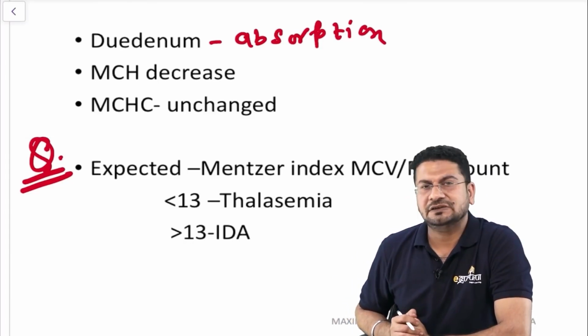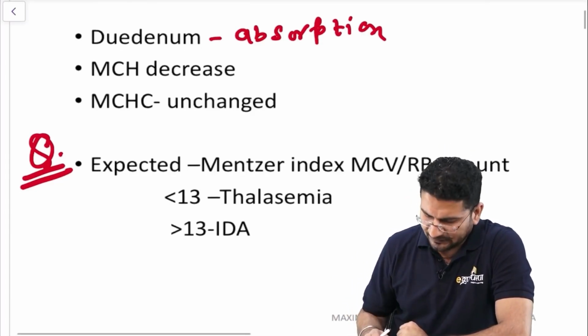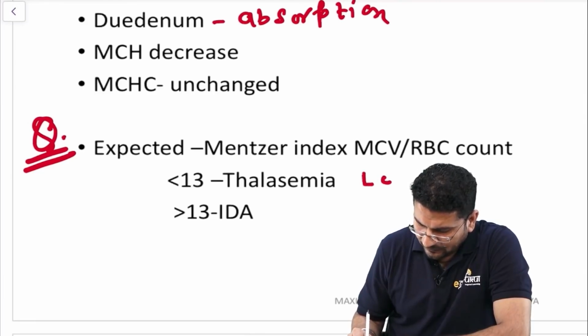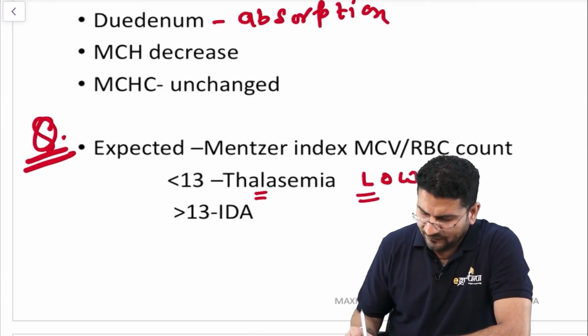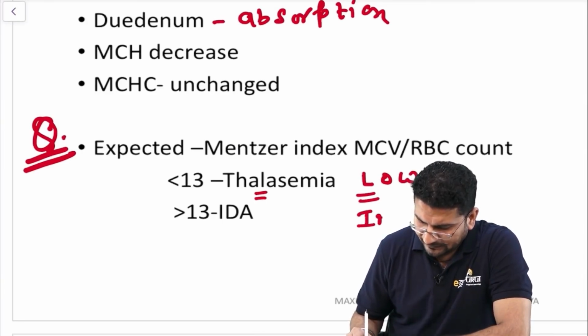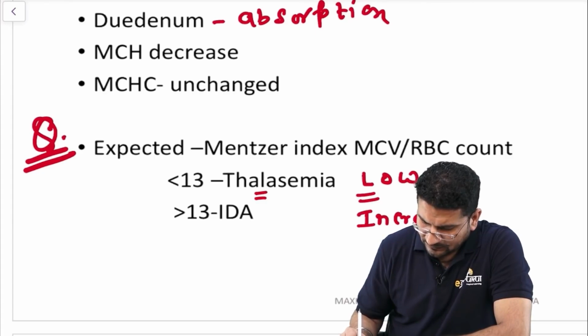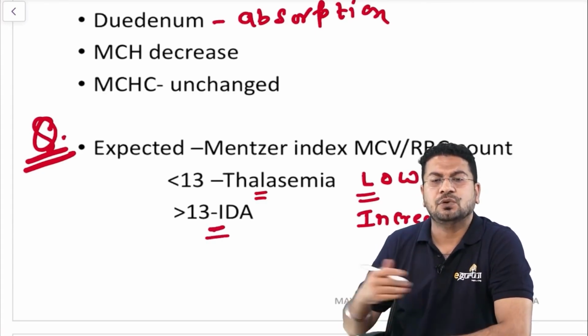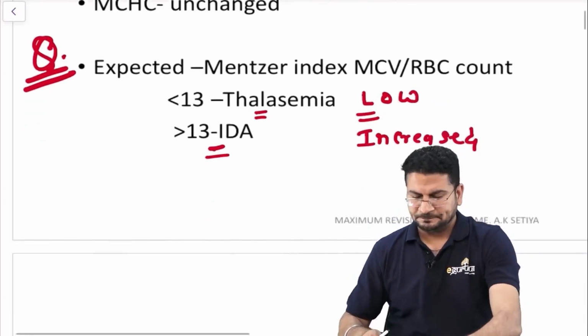If the value is 13 or less than 13, it is low. L for low, thalassemia has L. If values are increased, I for increased, I for iron, meaning more than 13 in iron deficiency anemia.